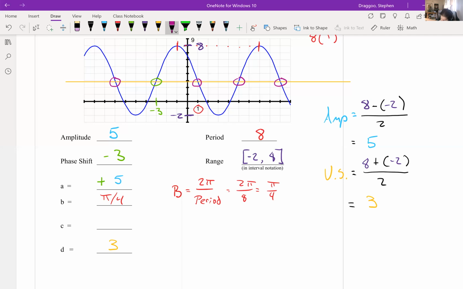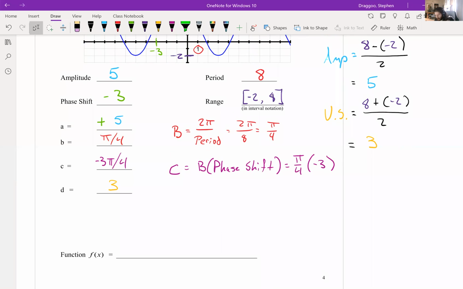Then we want to get C, and C is going to be B multiplied by the phase shift. So pi over 4 times -3 would be -3 pi over 4.